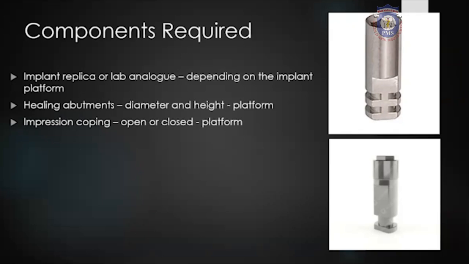It will be in the cast. Then we will need impression copings or transfer copings. We will also need healing abutments to be placed between impressions and restoration of the final crowns. But if we are taking an abutment level impression, we don't need all these components.